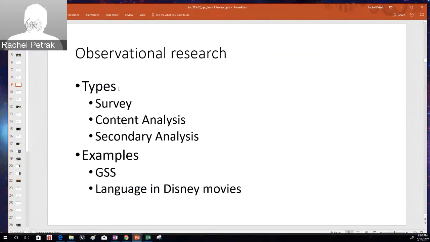And when they looked at the content analysis of these Disney movies, what they literally did is transcribed all of the language used, classified it according to certain categories of interest, and they found that in the later Disney princess movies, the female characters actually talked less than they did in the earlier Disney princess movies.